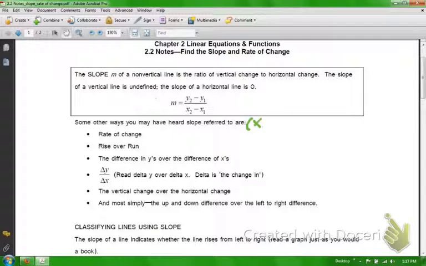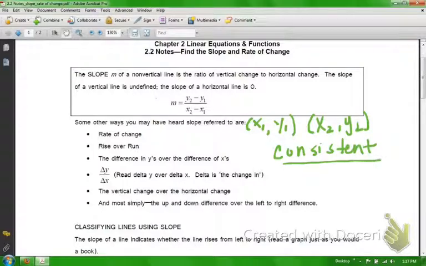If we have x1, y1, and then we have x2, y2, the trick is to be consistent. Whichever pair or variable you decide to use first, be sure you do the same thing with the y's. So you could say y1 minus y2 over x1 minus x2. You just need to be consistent.